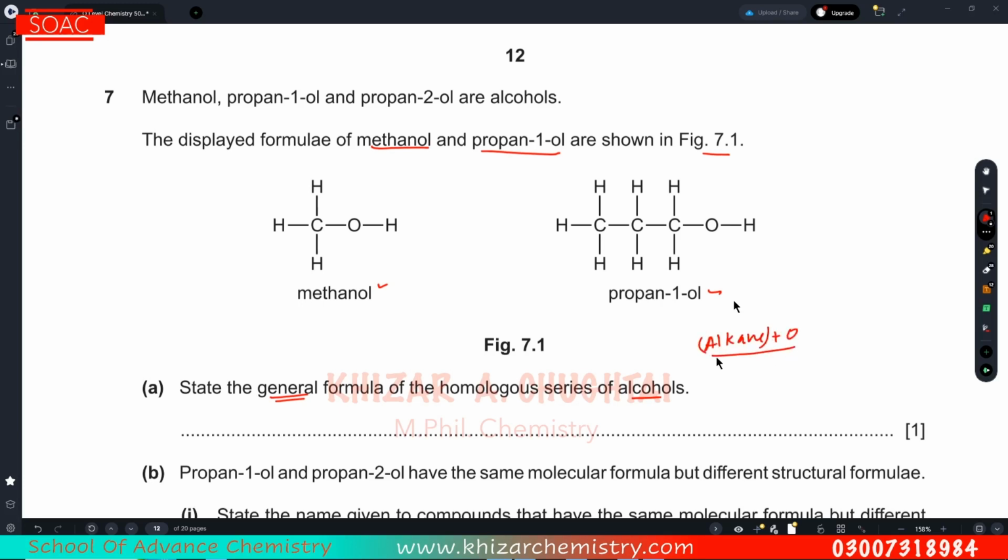You know the formula of alkane, that is CnH2n+2, plus O. Or you can write it in this way: I'm shifting one H over here. So the second possible formula is CnH2n+1, and then we write OH over here.